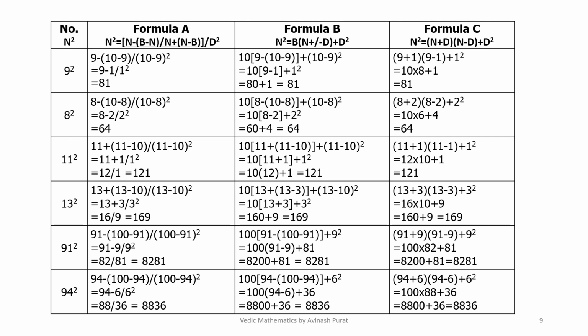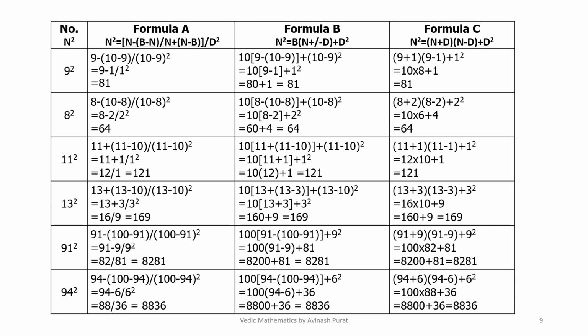Second formula: 10 multiplied by (8 minus (10 minus 8)) plus (10 minus 8) squared equals 10 multiplied by (8 minus 2) plus 2 squared, that is 60 plus 4 equals 64. Third formula gives (8 plus 2) multiplied by (8 minus 2) plus 2 squared equals 10 into 6 plus 4 equals 64.